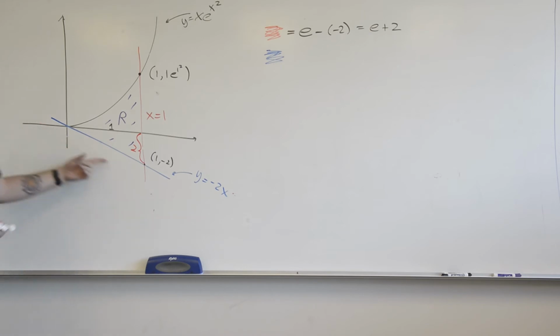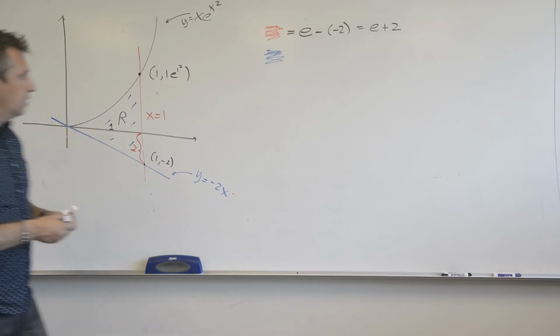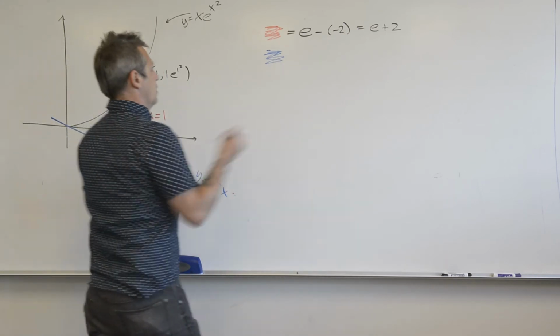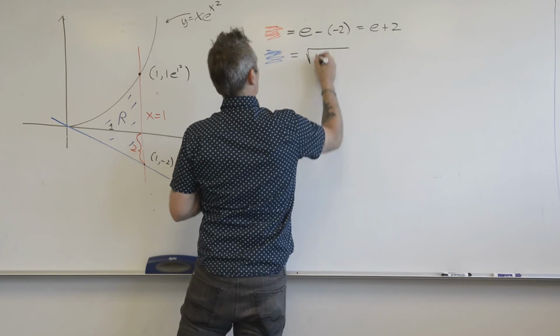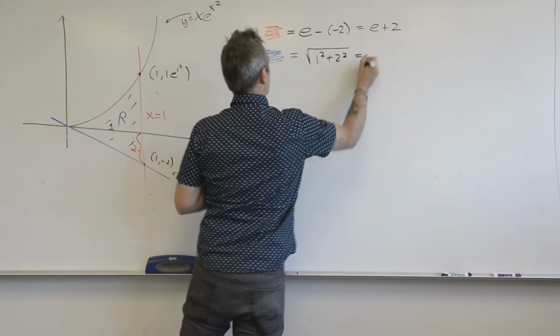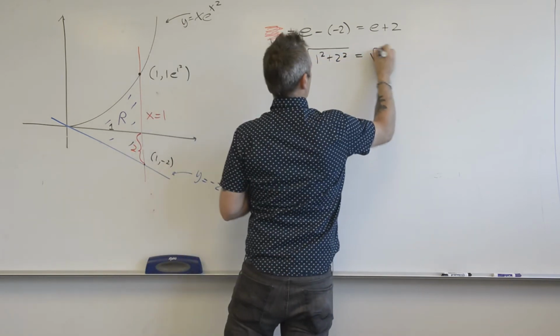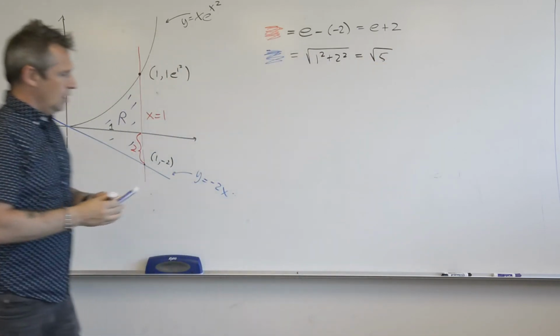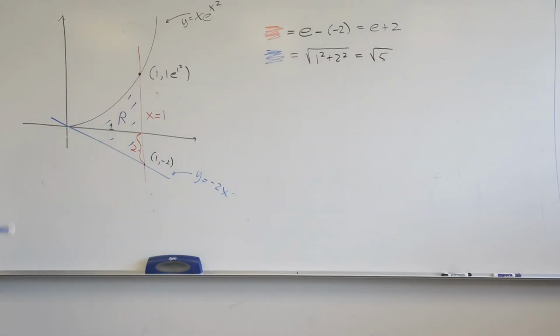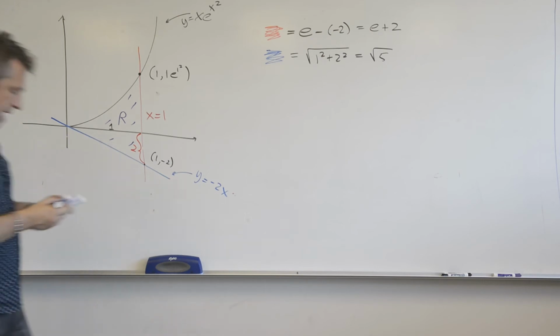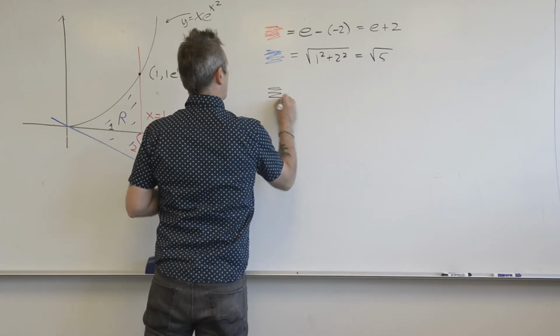So the blue length I can find just by using Pythagoras' theorem. The blue length is equal to the square root of 1 squared plus 2 squared, otherwise known as root 5. The part that requires any work at all really is the black length.